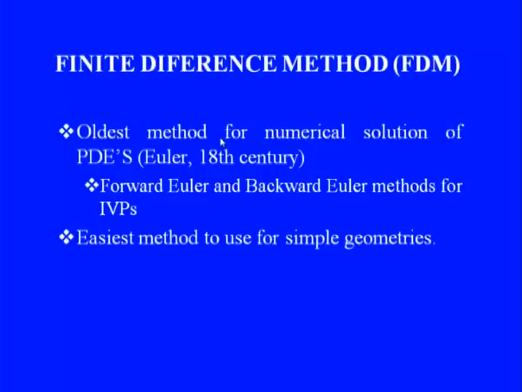Now this is one of the easiest methods to use for simple geometry. In fact, this finite difference method started off for solving partial differential equations on rectangular geometries, and that was cited as one of the basic limitations of finite difference method. But today we would just say that that's no more the case, and it can be utilized for solving problems on any type of geometry.